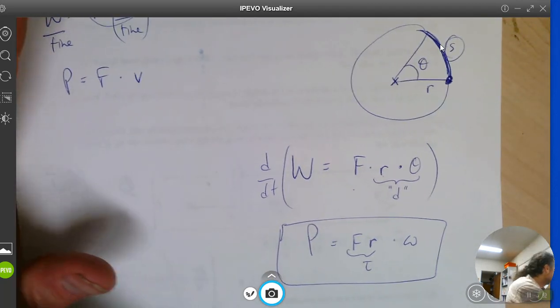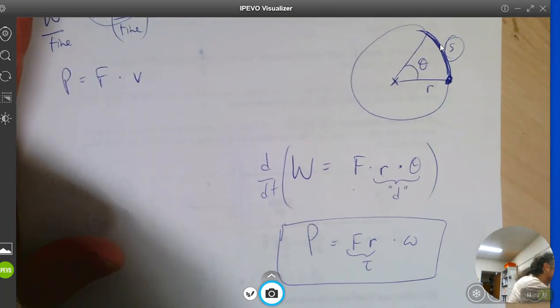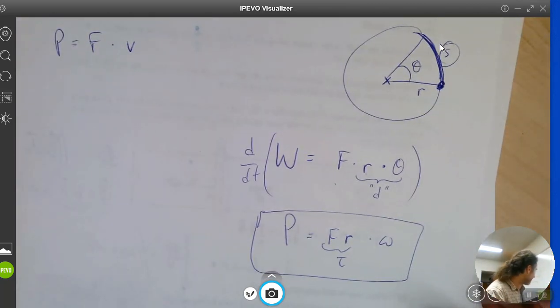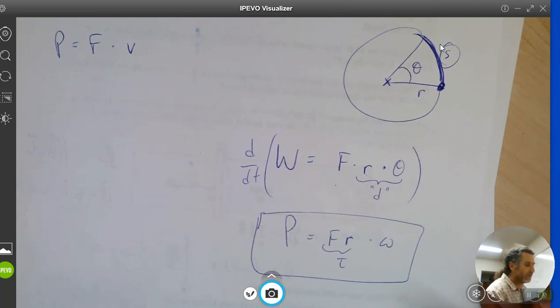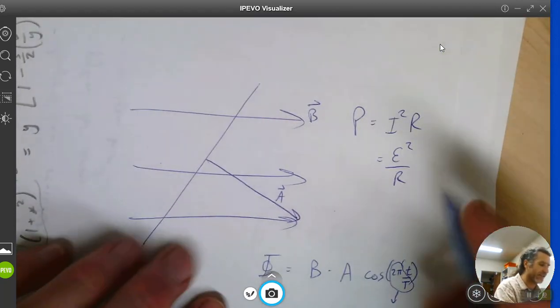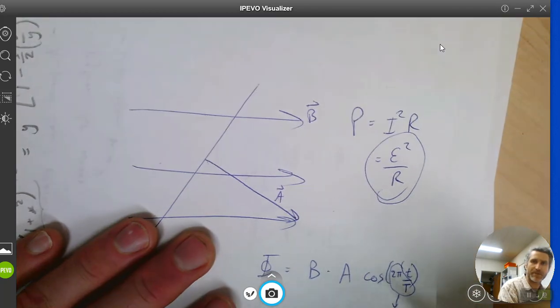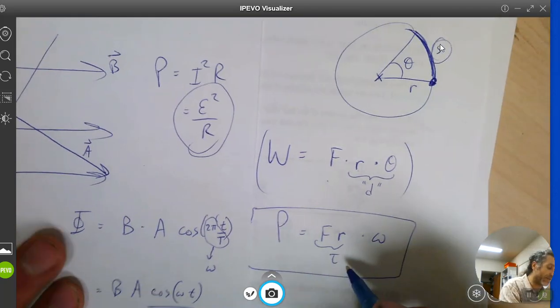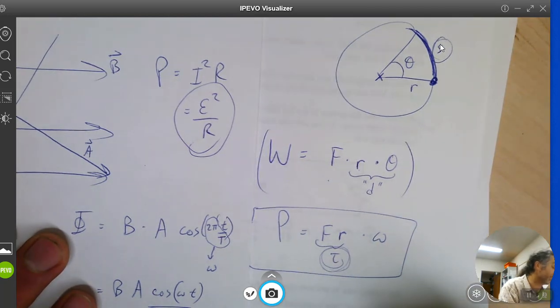That's something I hadn't realized needed to be more clarified. In this problem with the generator, we were asked to think about the power both from an electrical perspective, the amount of power dissipated into a resistor, but also the amount of torque that we would be applying.